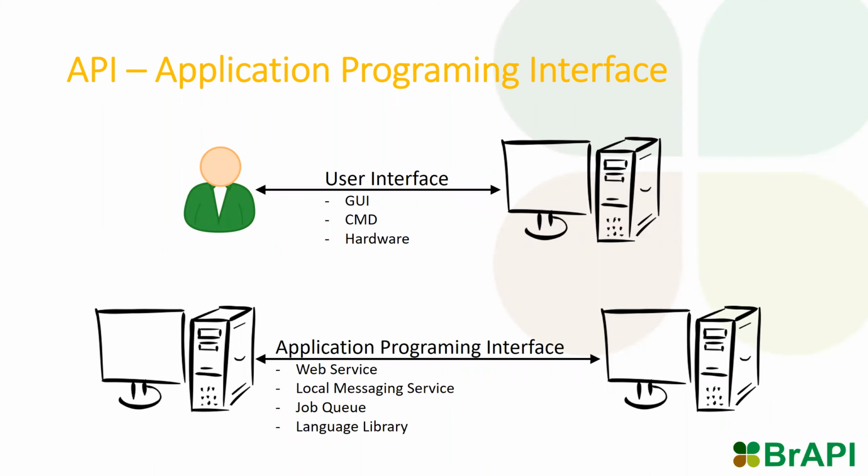That's an interface where a person is interacting with a piece of software, inputting data, receiving data, inputting commands, etc. An application programming interface is the same type of thing, but it allows one piece of software to control another. So it's really more computer-to-computer communication.